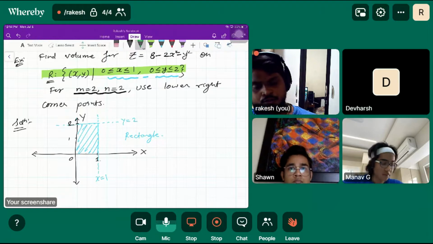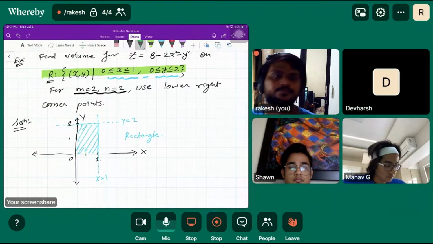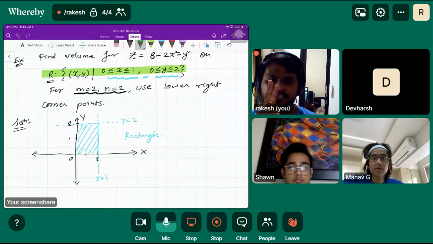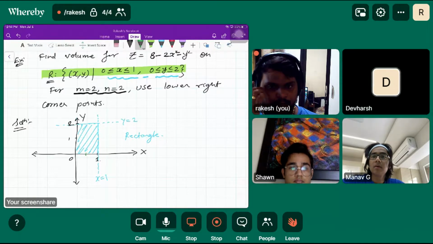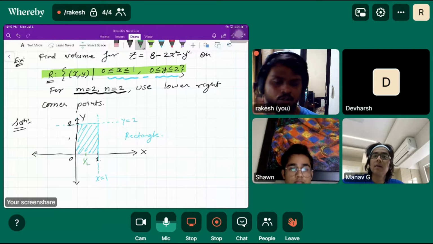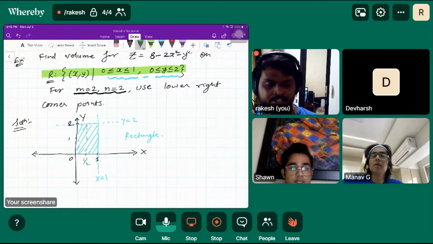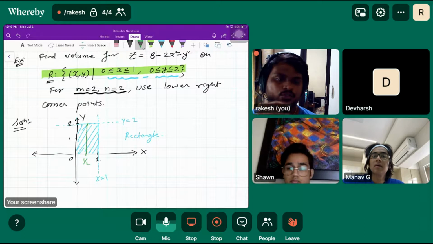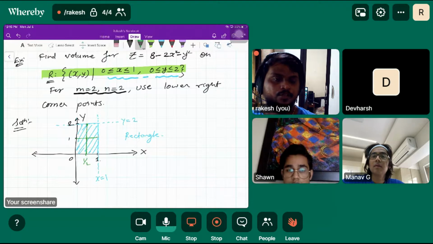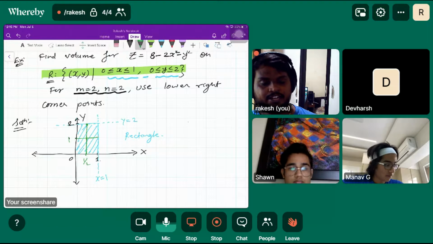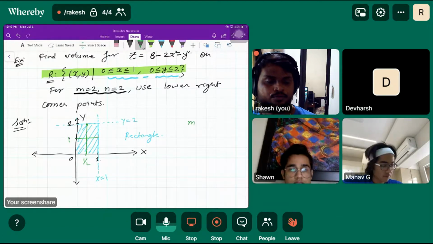So m is equal to 2 means 2 equal partitions along the x direction, so each would be 0.5. There will be 2 partitions along the x direction like this, and when n is equal to 2, there will be 2 again along the y direction. So there will be a total of 4 rectangles, m times n is equal to 2 into 2, which is 4.